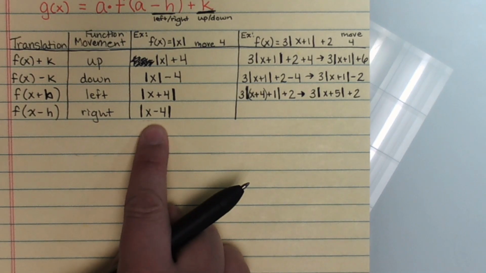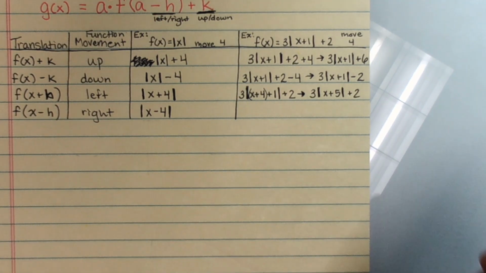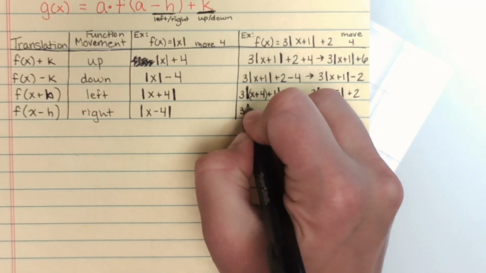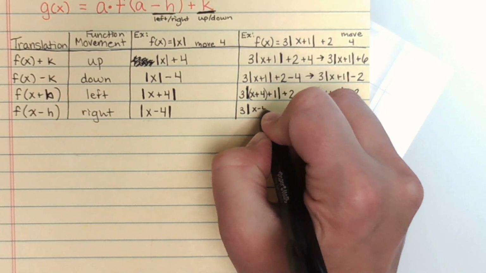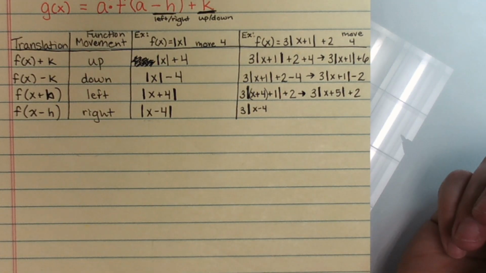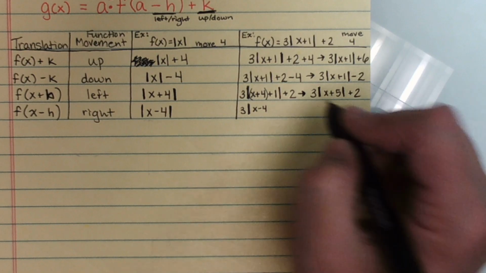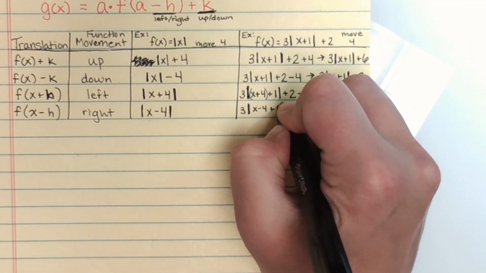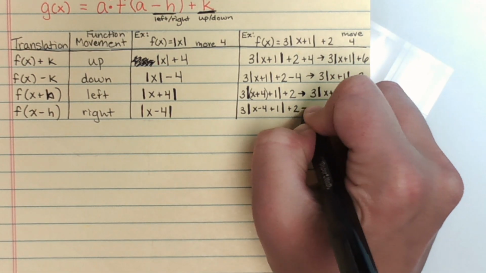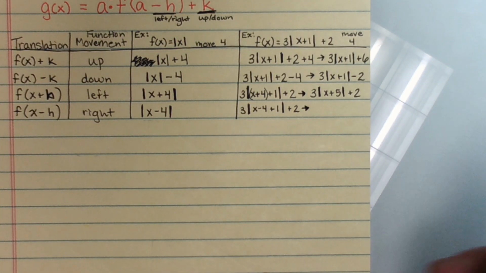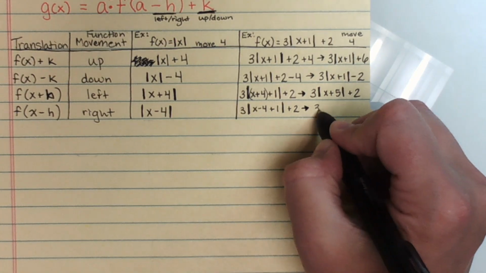Same idea if I'm moving to the right, but instead of x plus 4, it's minus 4. Are you okay if I write it without the parentheses? Still got the plus 1, still got the plus 2, and I combine what I can, which is the negative 4 and the 1.